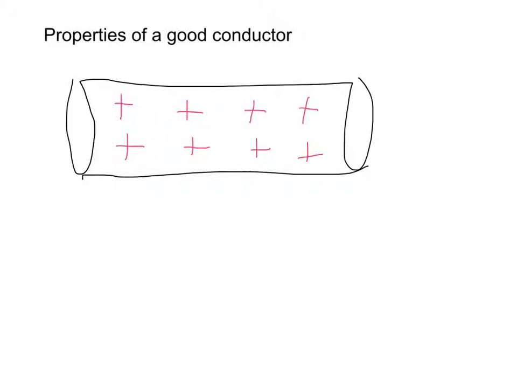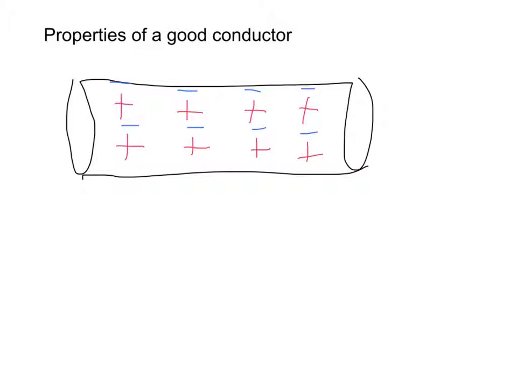In a good conductor, the sea of electrons, there are available little negative electrons that can move, and that's very important because if you don't have electrons that can move, then you can't conduct electricity.